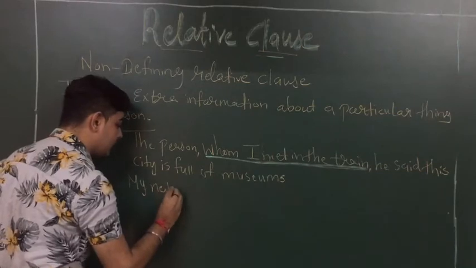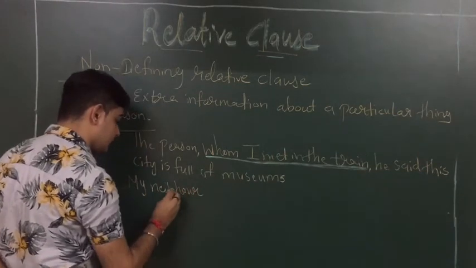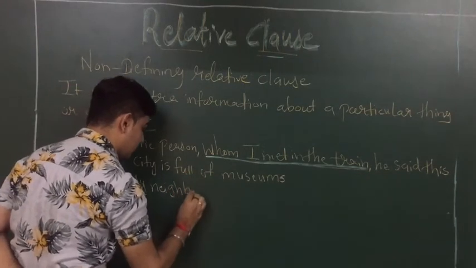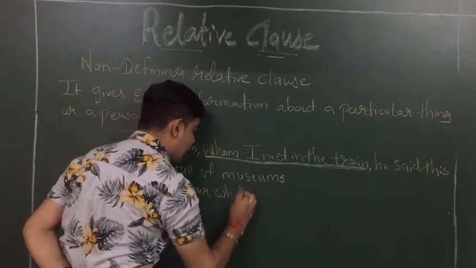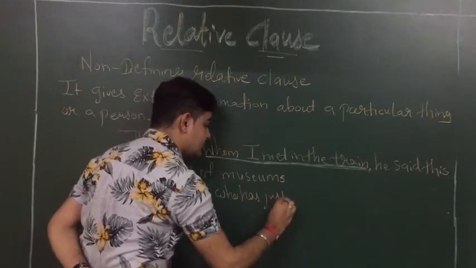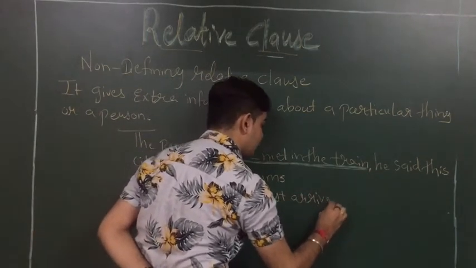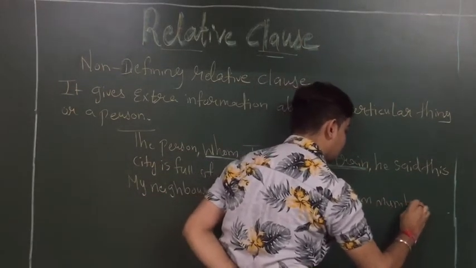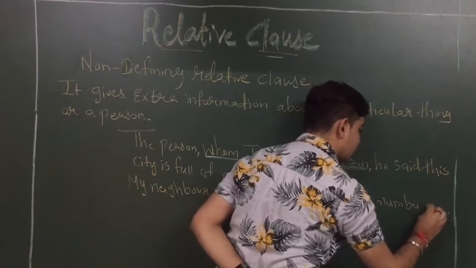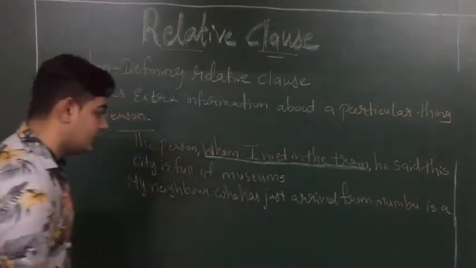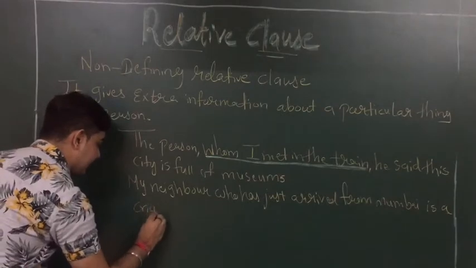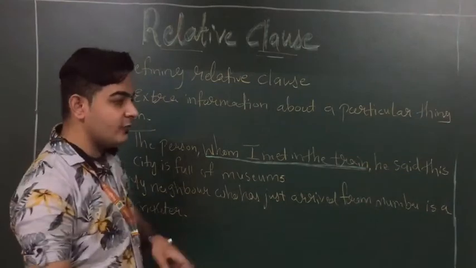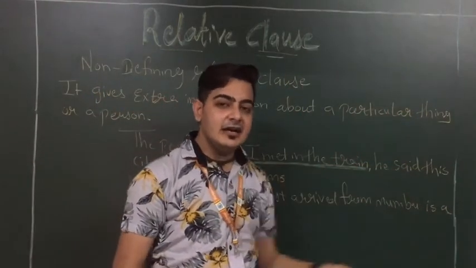Next example, my neighbor who has just arrived from Mumbai is a cricketer. ठीक है? जो नेबर मेरा जो है वो मुंबई से जो आया है, he is a cricketer.